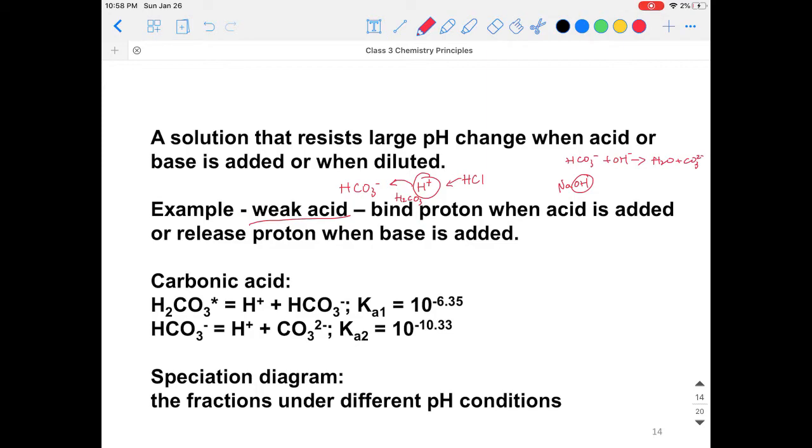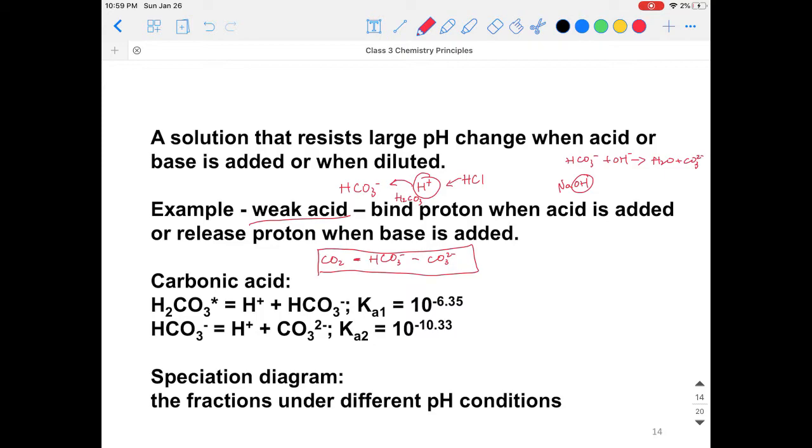Okay. So that is why carbon dioxide, bicarbonate ion, or carbonate ion can form a buffer solution. And this is related with a series of reactions. So for example, the dissociation of the carbonic acid, right?